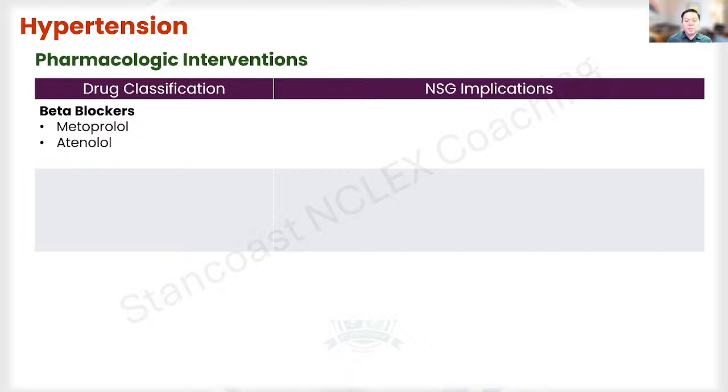So the beta blockers are popularly used, such as the metoprolol, those olols, okay? The olols. Now, you got to be careful here, guys, when you're administering the non-selective olol, non-selective beta blocker.